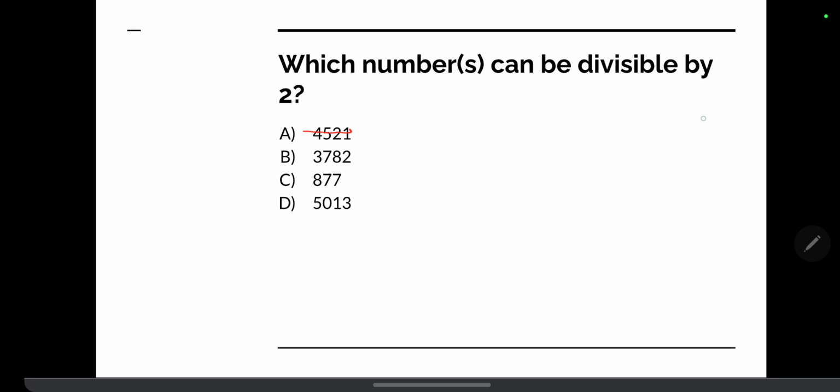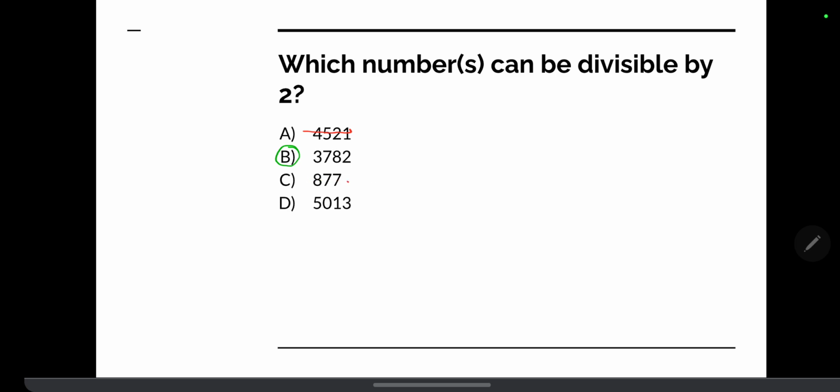All right, number B. B is 3,782. The ones place holds a 2. Is 2 even or odd? It is even. So that is divisible by 2. Let's look at the next one. C has 877. In the ones place, there is a 7. It is not even, it is odd.